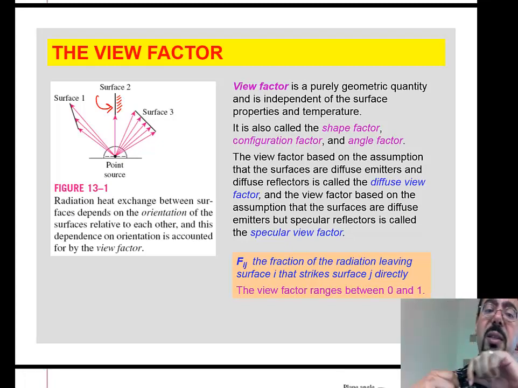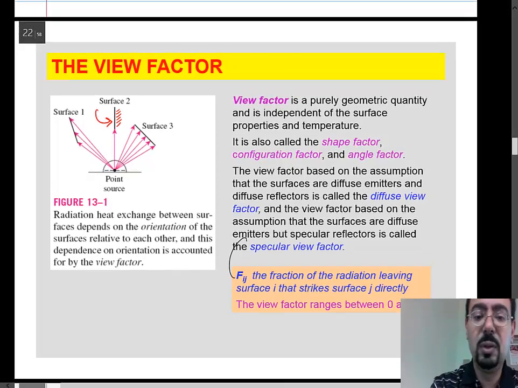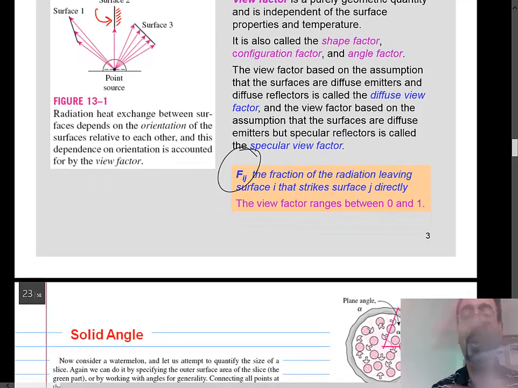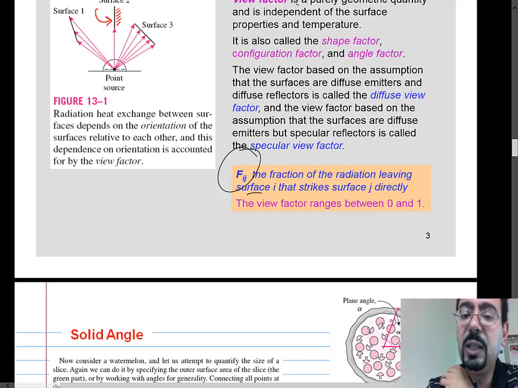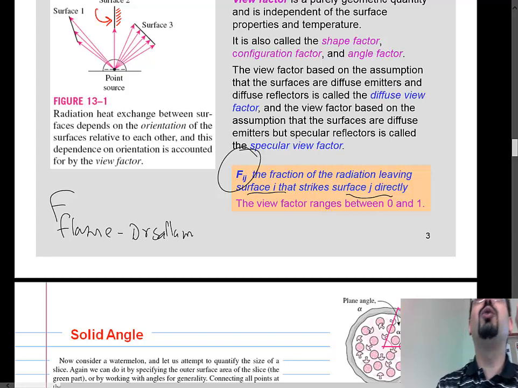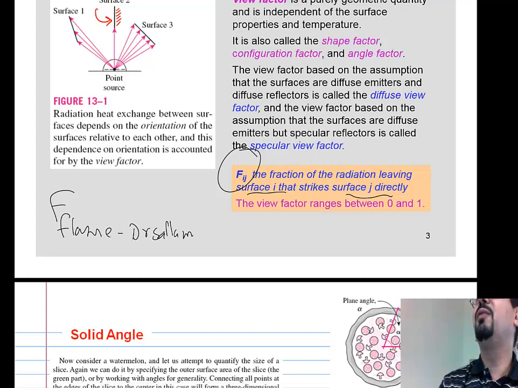And we'll give it the symbol F. F_ij represents the fraction of the radiation leaving i and coming to j. So F flame to Dr. Salam will represent how much of the energy, or the watts, leaving the flame is coming and hitting me.